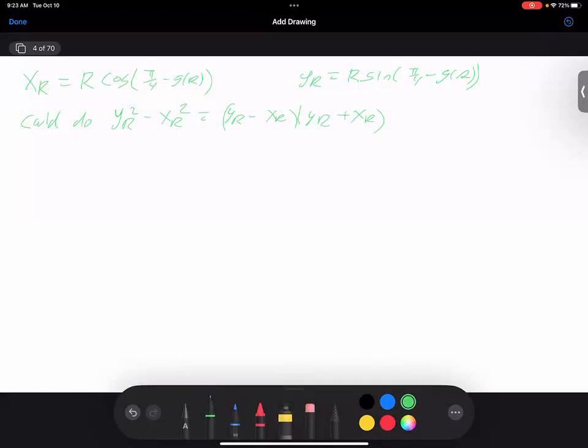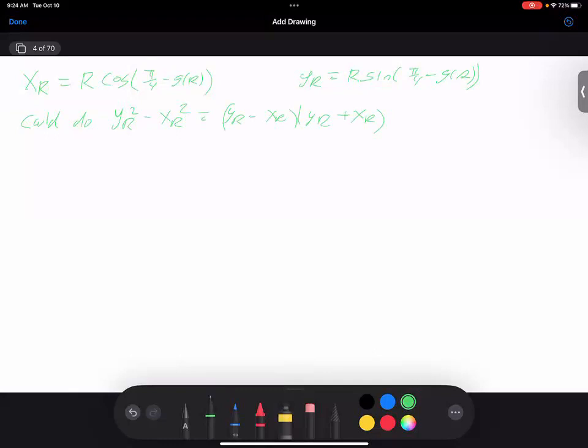Now, one of the things that's nice about that is y sub r plus x sub r is not going to be too bad. Again, if you don't mind, I think it's nice to talk about multiple ways to do this problem because we don't really care about this problem at the end of the day. We care about how do we attack problems in general.